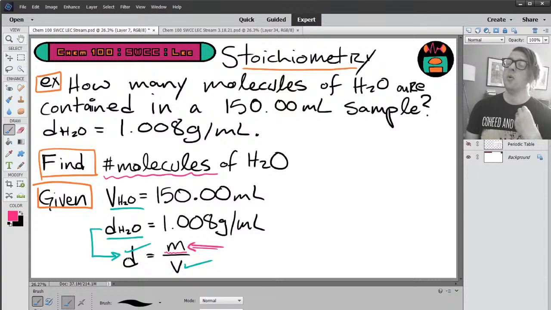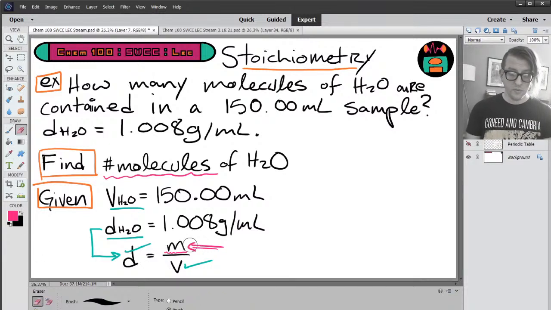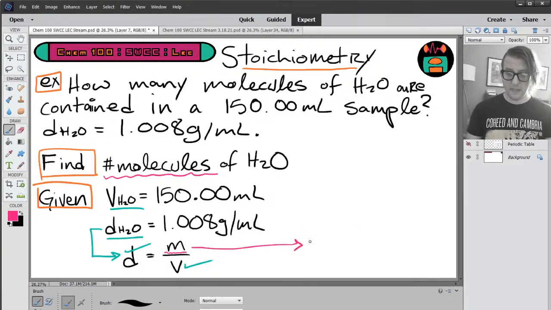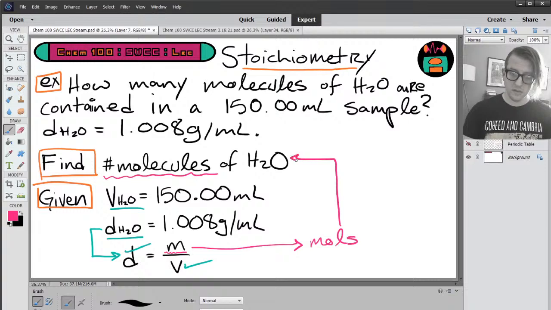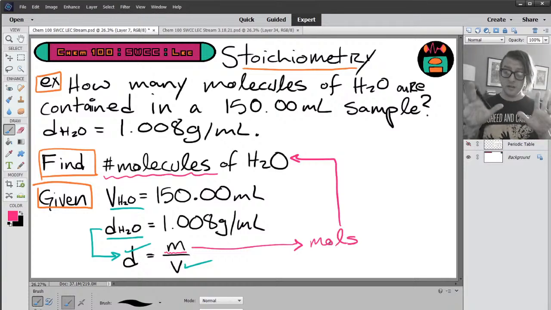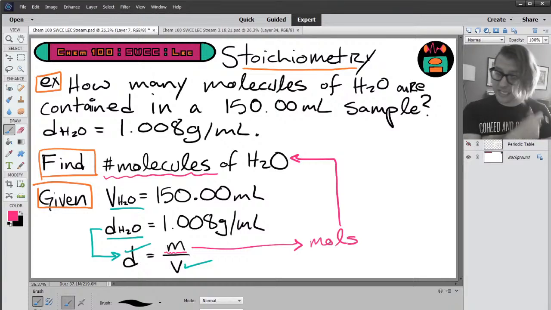Well, as we know, we can calculate a molecular weight to get a unit conversion to convert from grams to moles, and then the unit conversion from moles to molecules uses Avogadro's number. So we know that we can take our mass and find moles. And once we know moles, that'll lead us to molecules.